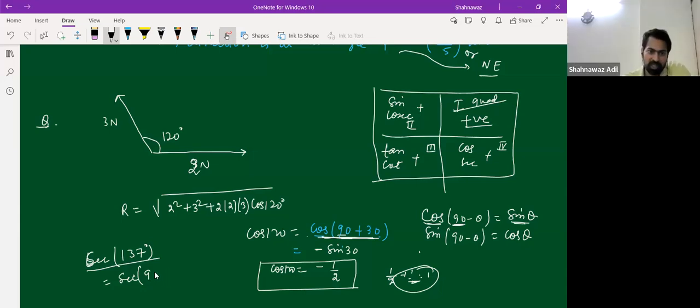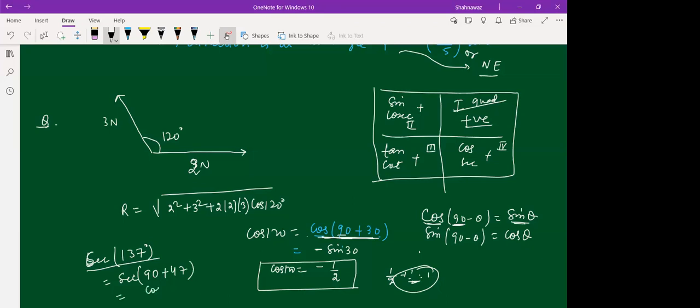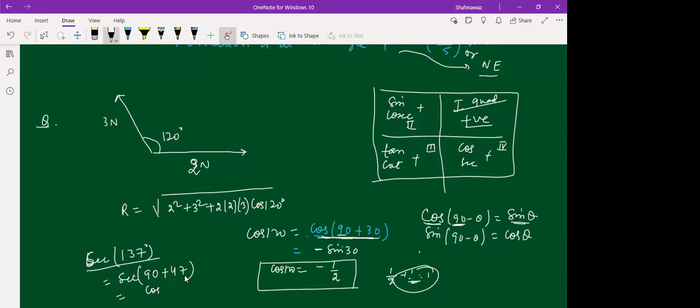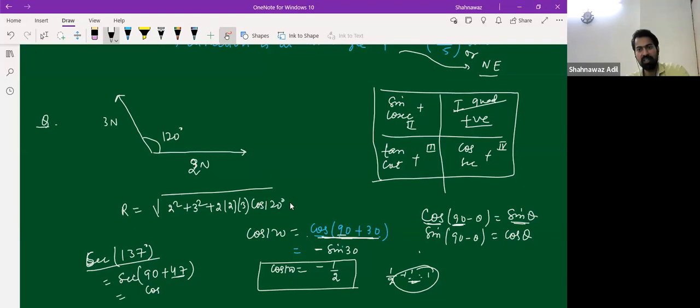This would be 90 plus 47, right? Sir, how? 47 is a problem, sir. 47, we want to write it in the form of less than 90-degree angle, right? This is our problem. Did you guys get confused with this 47?